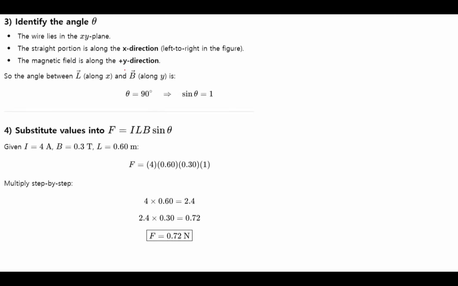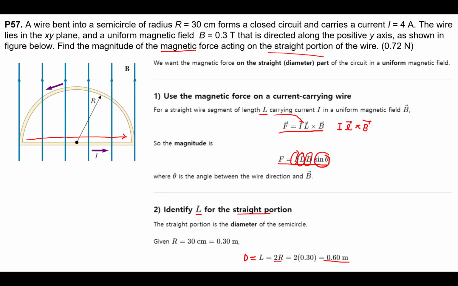In this case, the wire lies in the xy plane, and the straight portion is along the x direction, and the magnetic field is along the plus y direction. So the angle between the straight portion and the magnetic field is 90 degrees.